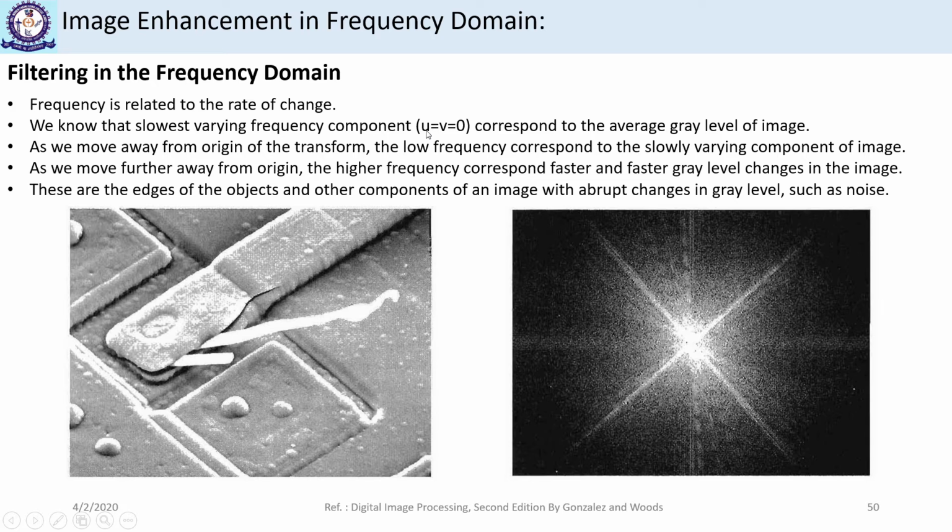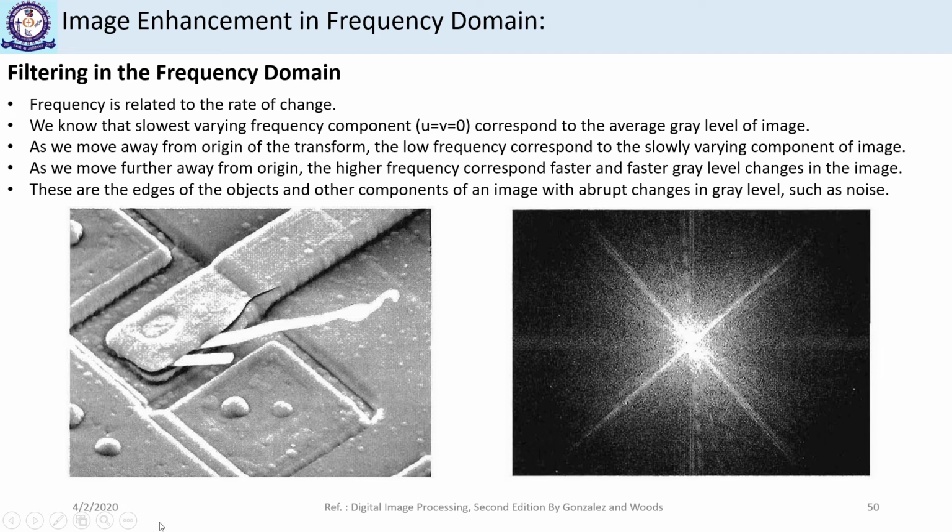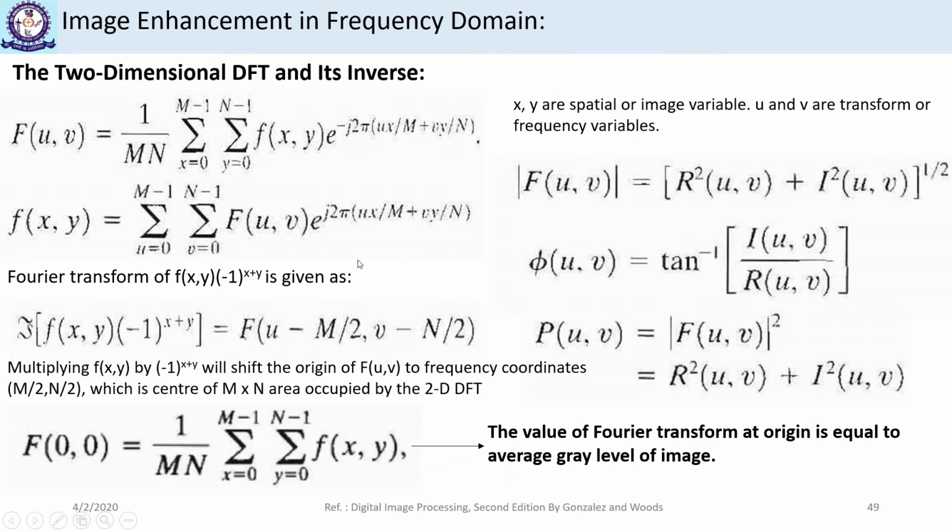That means u equal to 0 and v equal to 0 corresponds to the average gray level of the image. This we have calculated here. So this is the average gray level of the image, and this is also called the DC component of the frequency domain.